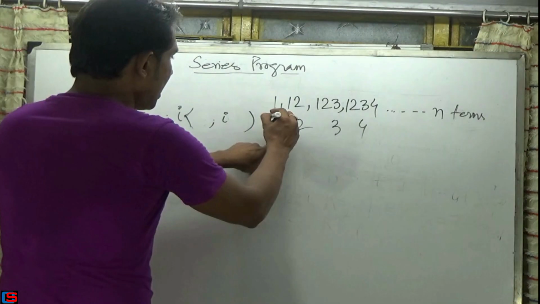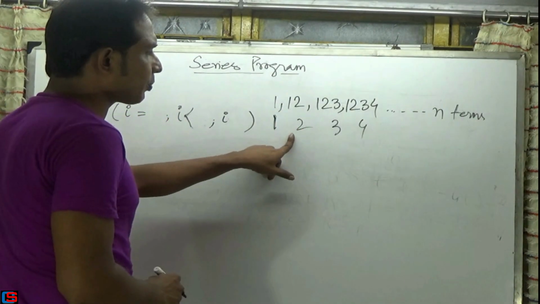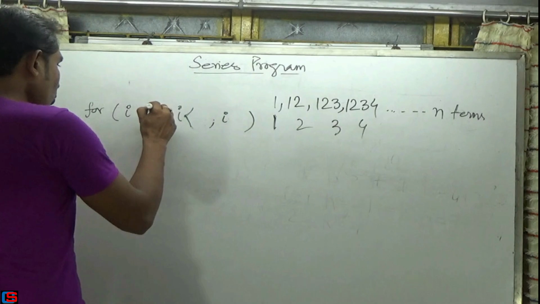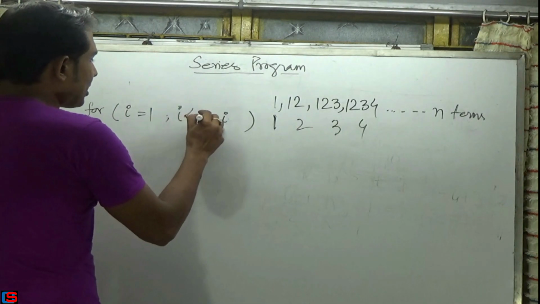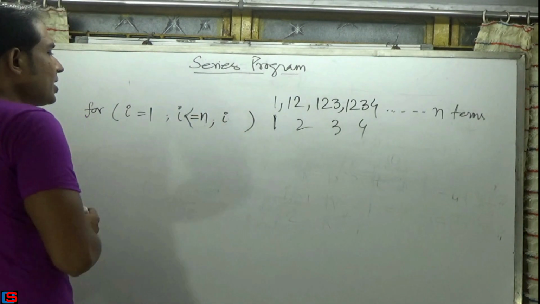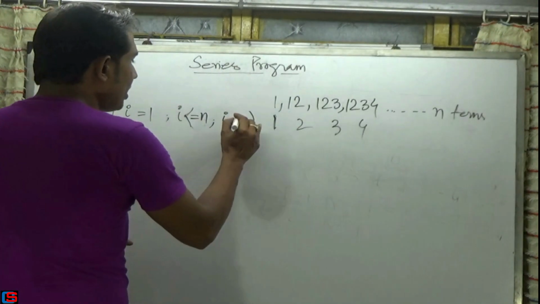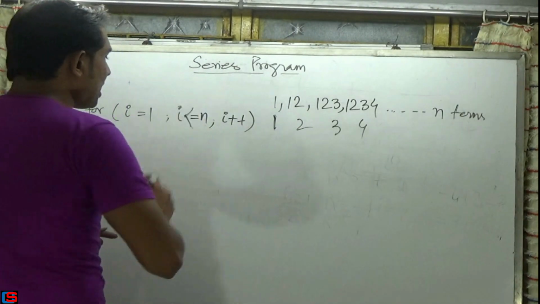So what is the logic? As the position starts at 1 and goes up to n terms, the value will be 1 up to n, and it increases by 1, so i plus plus.